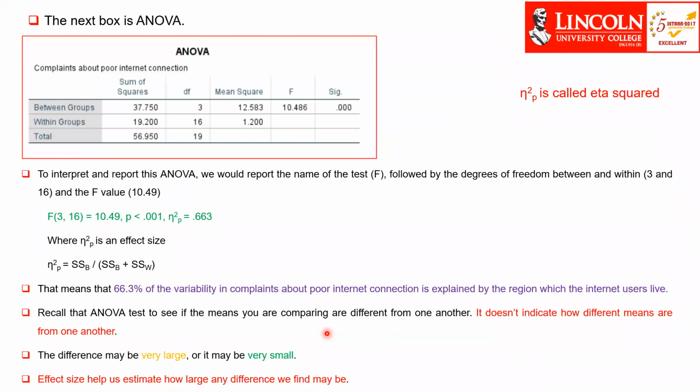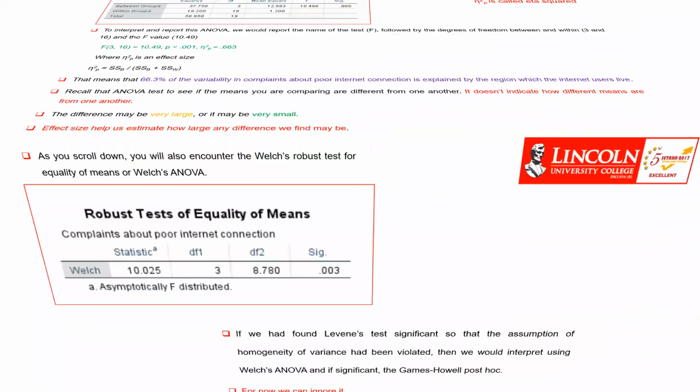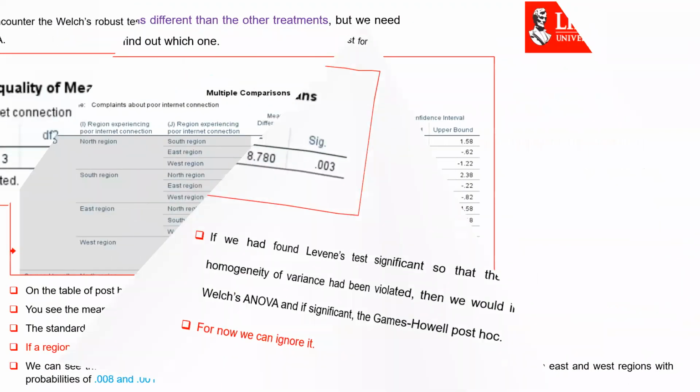So in order for you to ascertain which region is actually facing more difficulties, you need to check this particular table. And this table is the post-hoc test.